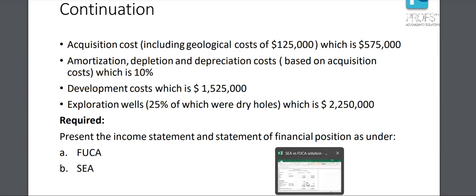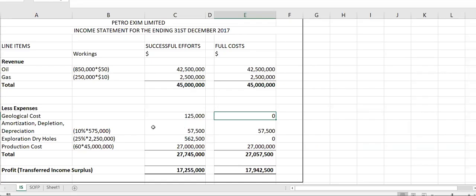But I took the full 575,000, which is giving us 5,750. So what I'm trying to say is that in an examination condition where you need to take a stand, feel bold and take a stand. Just write your assumption and you are good to go.